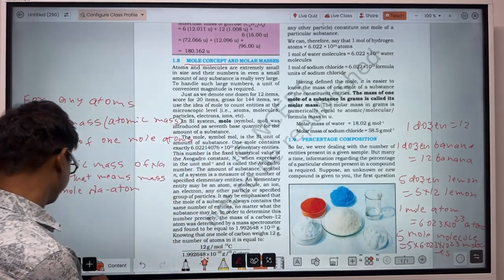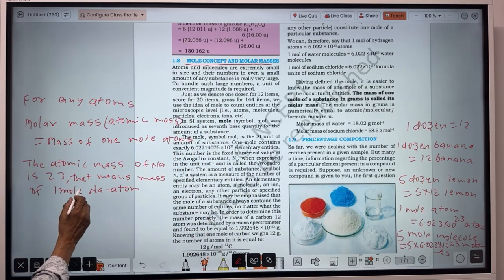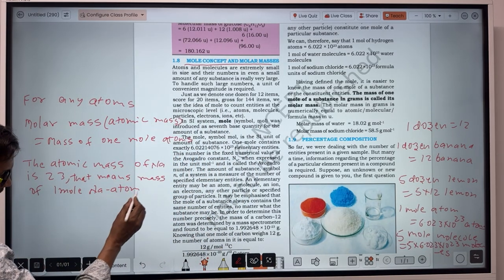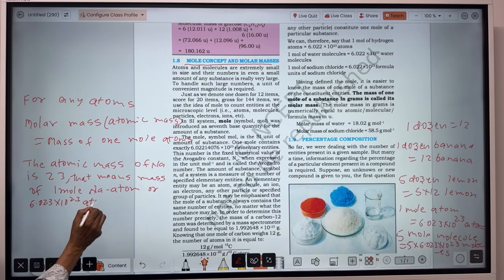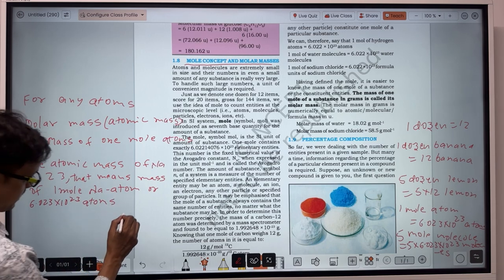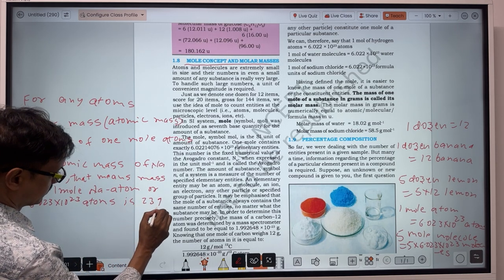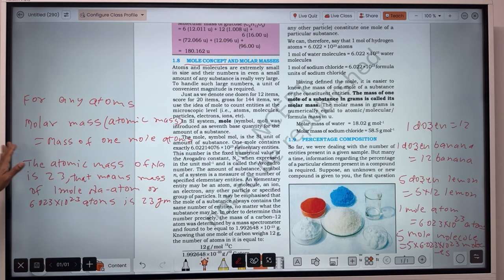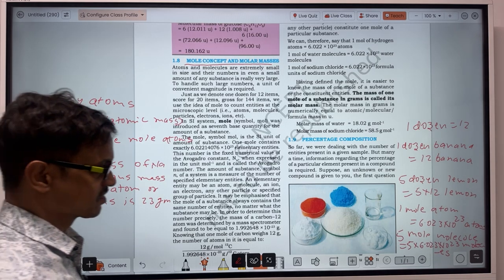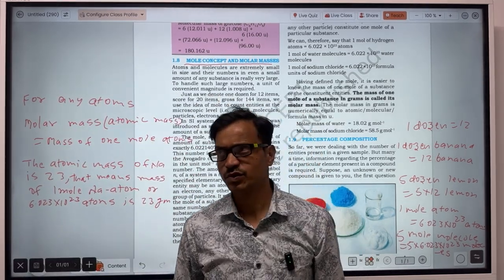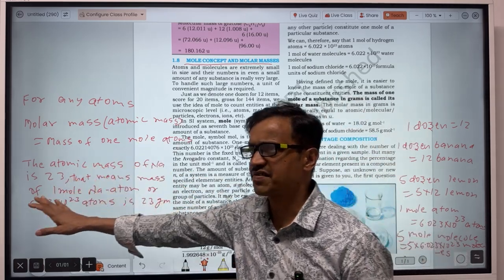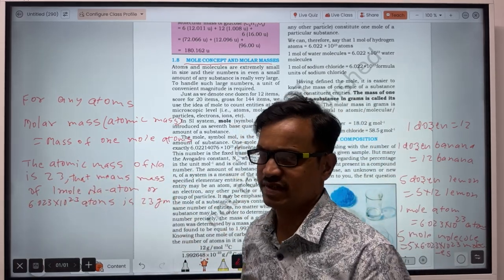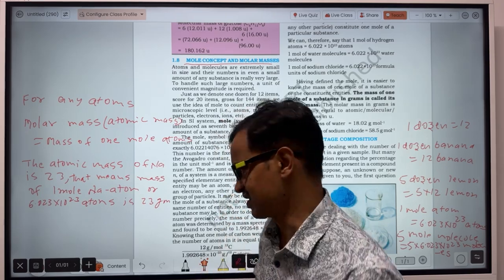So the mass of 1 mole of sodium atoms, or 6.023 into 10 power 23 atoms, is 23 gram. Molar mass of any atom will be its atomic mass, the mass of 1 mole of those atoms.